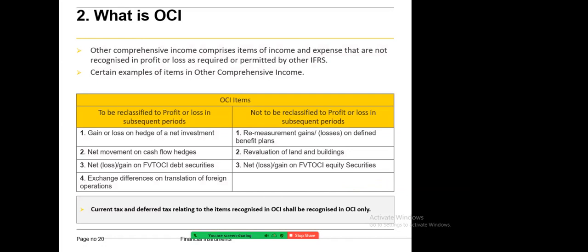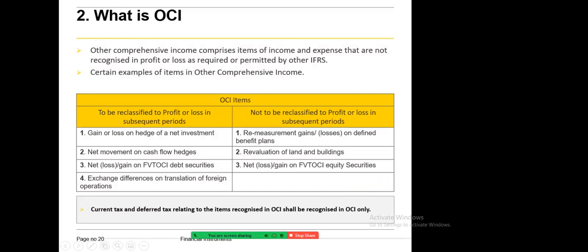Let us understand what is FVOCI. Other comprehensive income comprises items of income and expenses that are recognized in P&L as required or permitted by other IFRS. Certain examples of the items covered under OCI are gain or loss on hedge of a net investment.